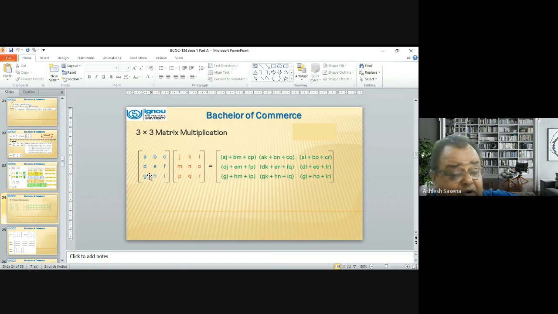Third row and first column: this by this, we get this. This by this one, we get this. Then this by this, we get this. This is a 3 by 3 matrix, and this is a 3 by 3 matrix. Your answer will be a 3 by 3 matrix.